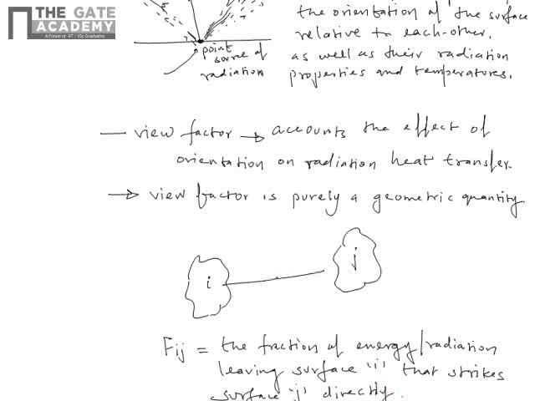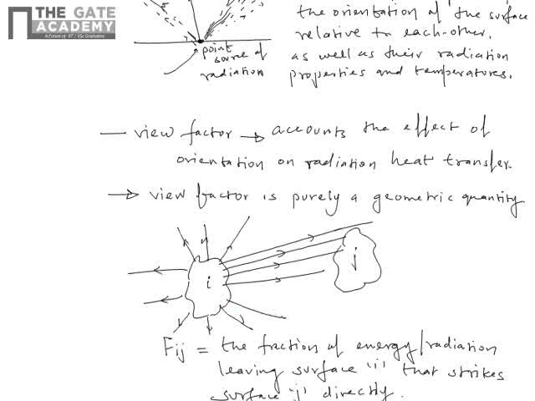Surface I will emit radiation in all directions. Only some amount of it will be absorbed by surface J. So the fraction of energy leaving surface I that strikes the surface J directly is known as the view factor.